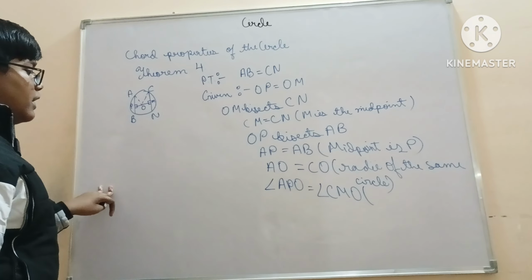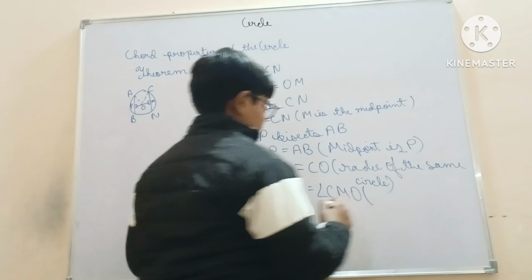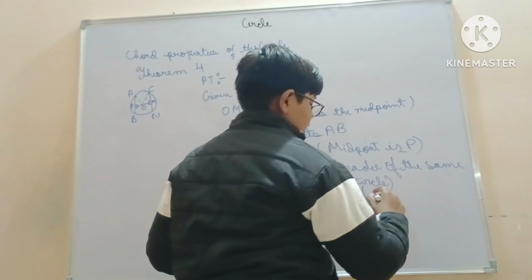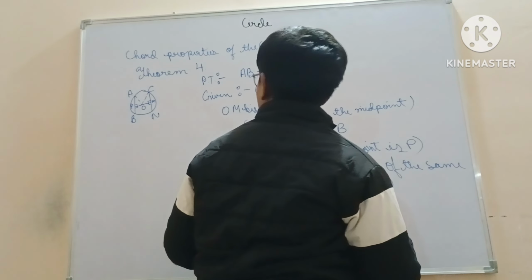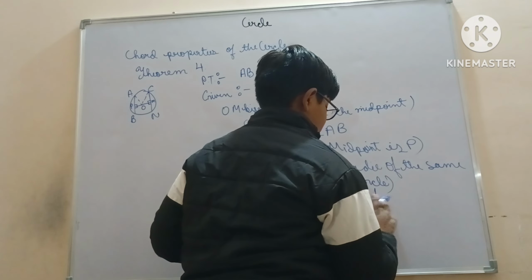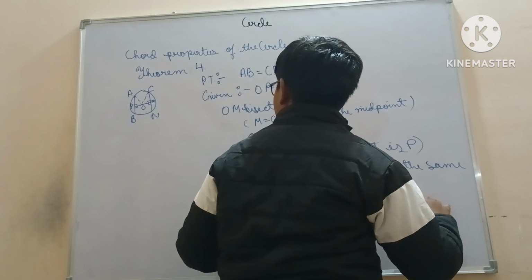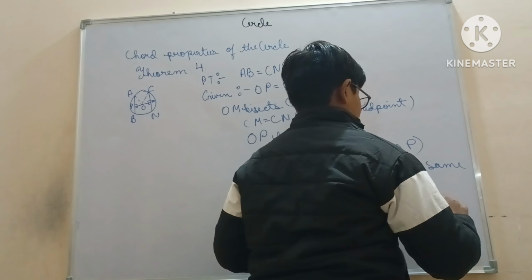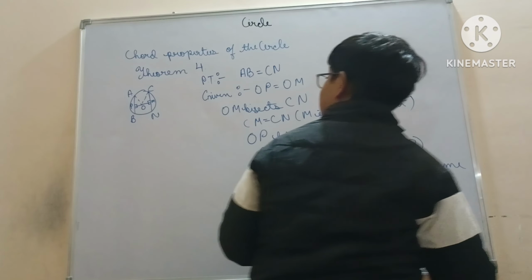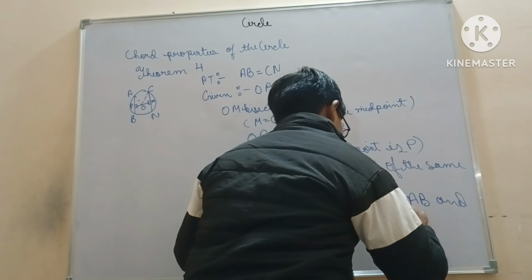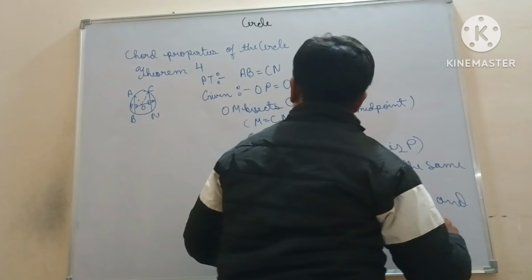So angle APO is equal to angle CMO as OP is perpendicular to AB and OM is perpendicular to CD.